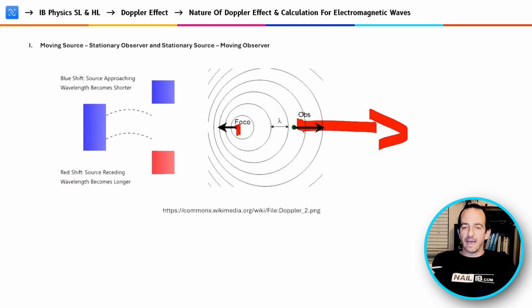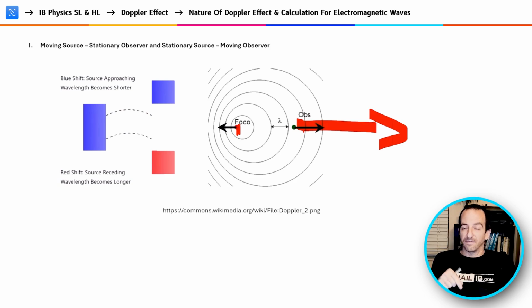Now, intuitively, what's going to happen with respect to the waves? In comparison to the waves that were emitted, the observer who's moving away will be receiving each wave crest at a longer distance, right? The wavelength will be longer in general because it will take consecutive wave crests a longer period to reach them. Those wave crests will essentially be expanding from the perspective of the observer.